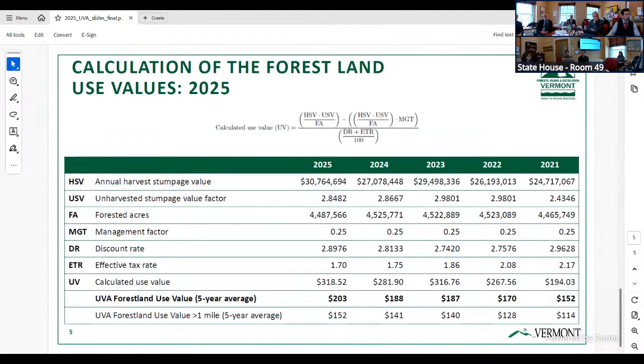And some of the specific inputs going into the management factor maybe are a little opaque due to time and history. There has been a question of, is this appropriate right now? It seems like costs are going up and yet the management factor is not.